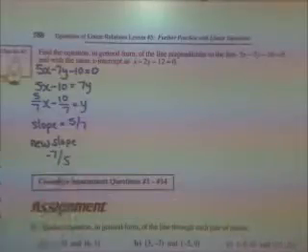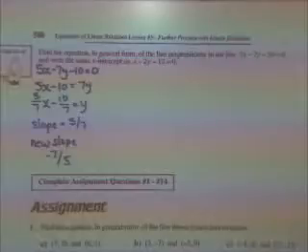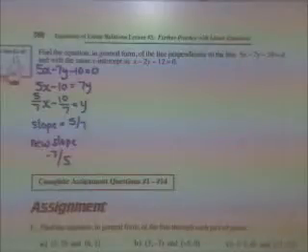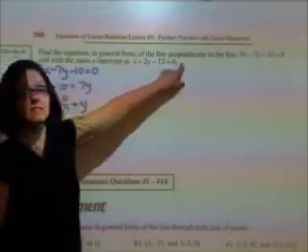Negative 7/5 because it's perpendicular. Okay? What else do I need? So I now have the slope. Coordinates. What coordinates do I need specifically? X-intercept. I need the x-intercept from this equation.